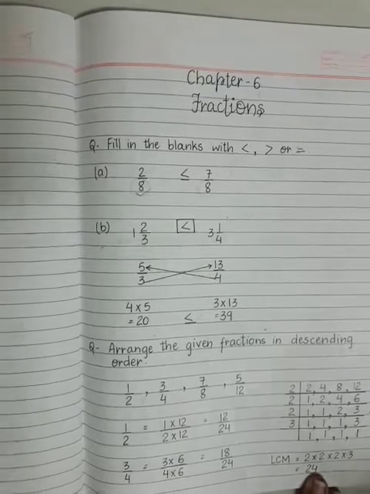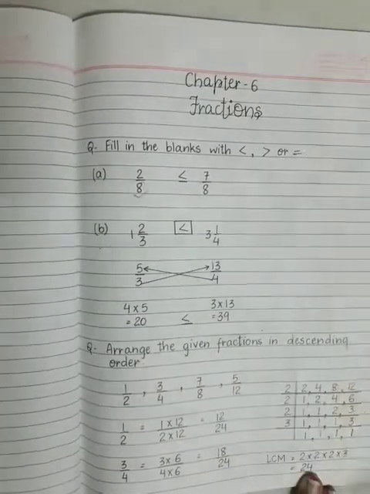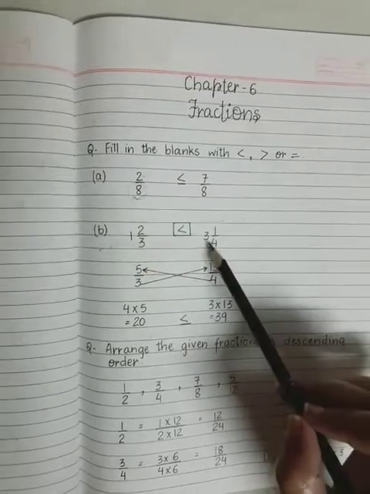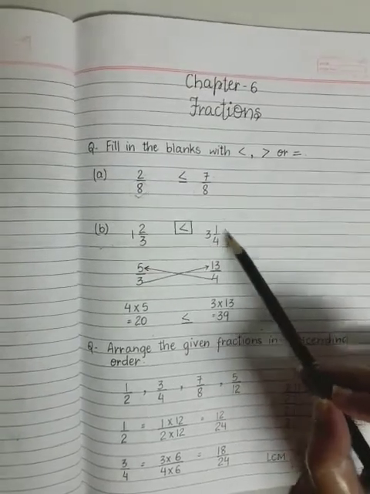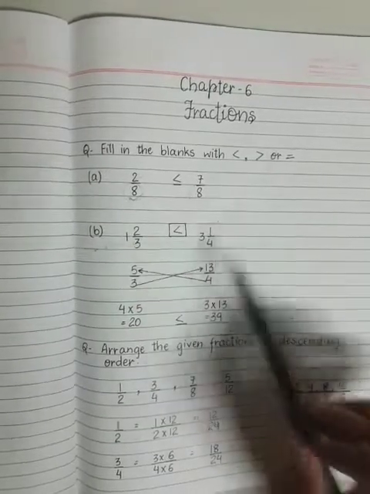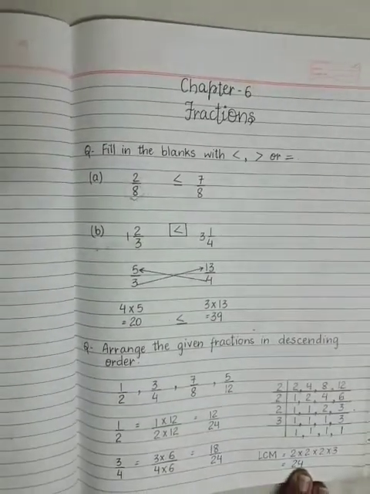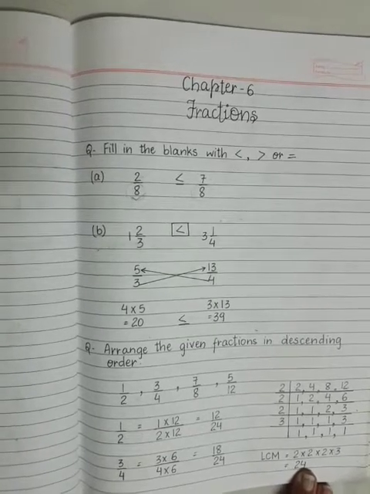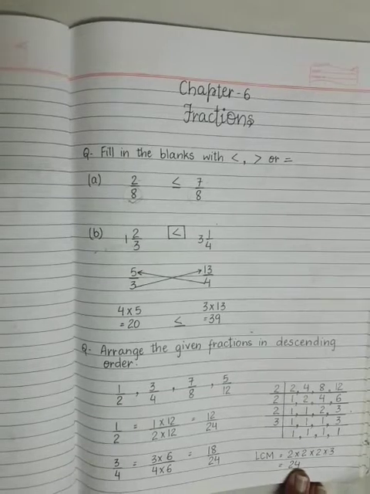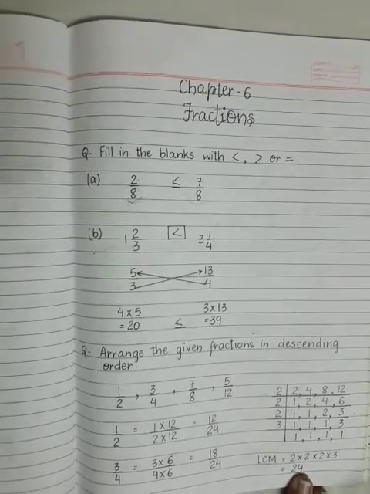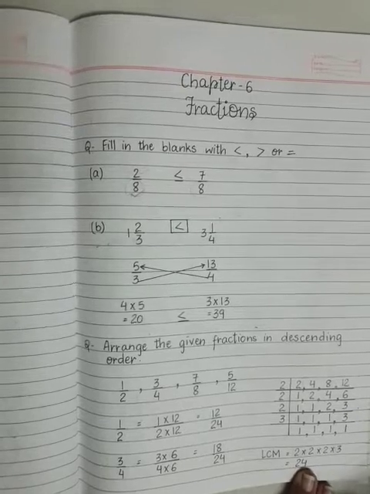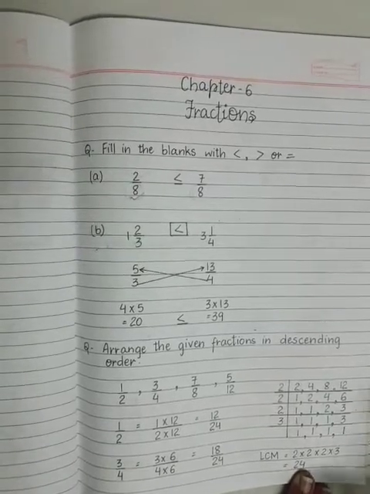Now, coming to the second part, the B part. This is 1 whole 2 upon 3 and this is 3 whole 1 upon 4, and you have to compare the two fractions. Now, the first step, whenever you see a mixed fraction, is to convert the mixed fraction into an improper fraction.